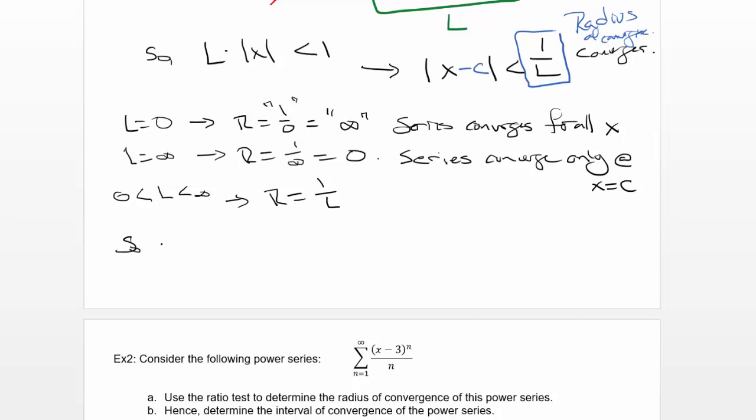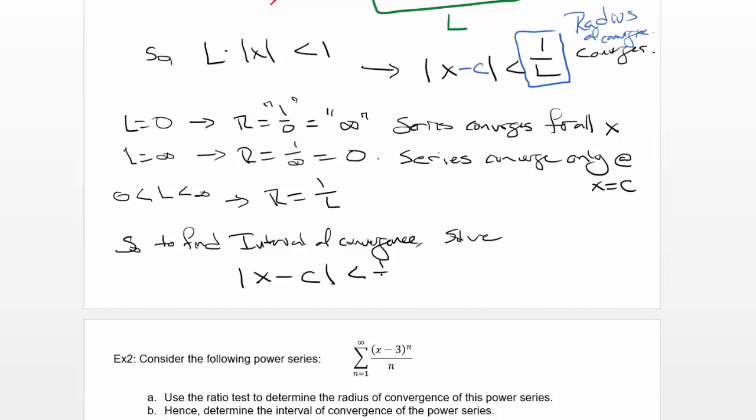So to find the interval of convergence, I'm going to solve this absolute value inequality, x minus the center is less than this radius of convergence.